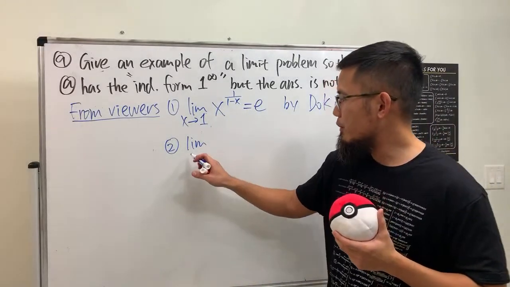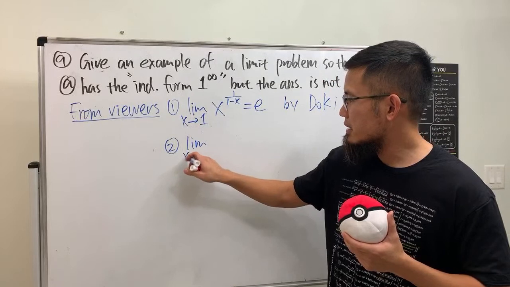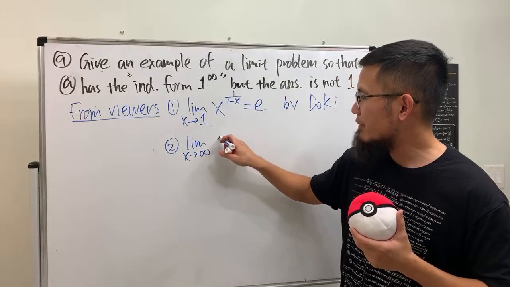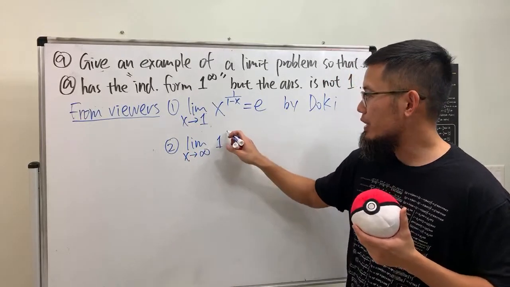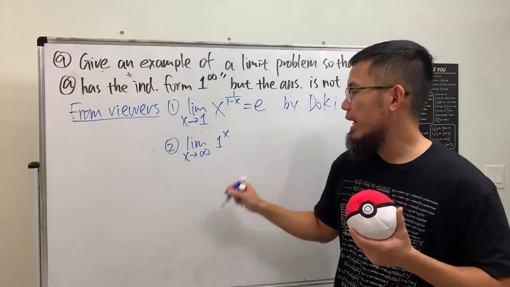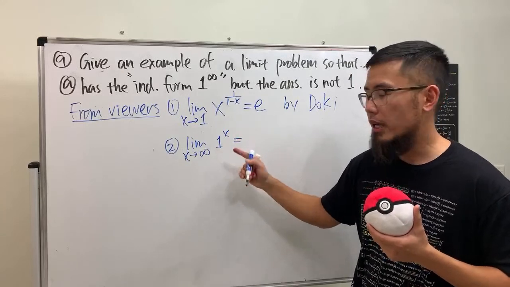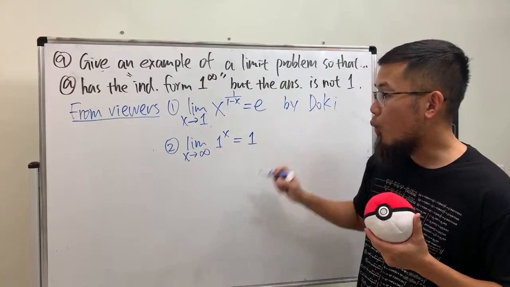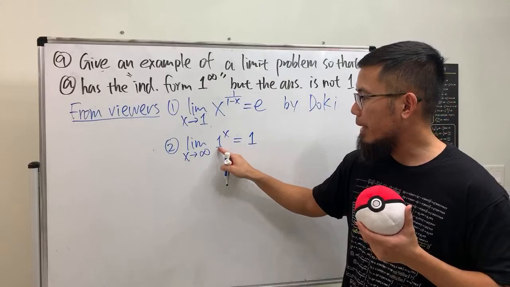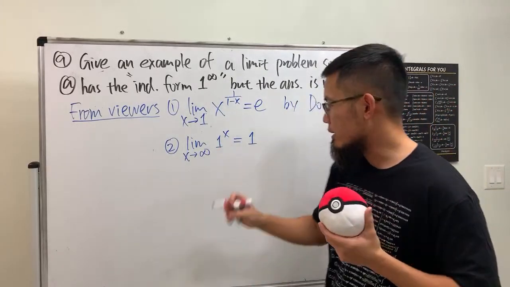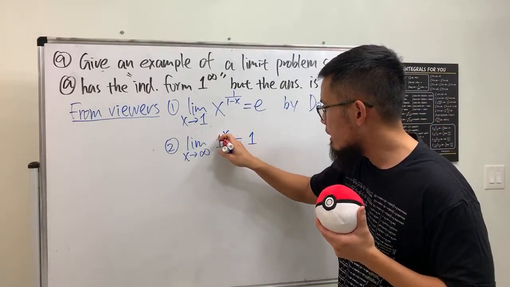Well, if you say x is approaching infinity, and you have a solid 1 to the x power, yes, you get 1 to the infinity's power, but this is actually equal to 1, right? Because the base is exactly equal to 1. So let me just write this down.